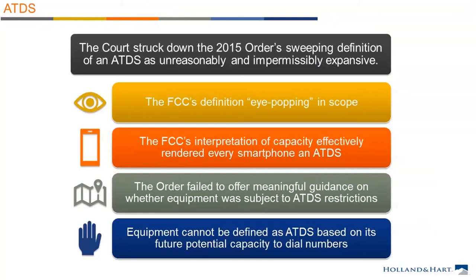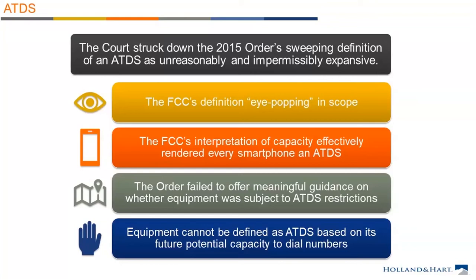With respect to the ATDS, let's drill down a little bit here. The court, again, struck down the 2015 sweeping definition of an ATDS as unreasonably and impermissibly expansive. The court found the FCC's definition of the capacity to include future possibilities to be eye-popping, their words, not mine.